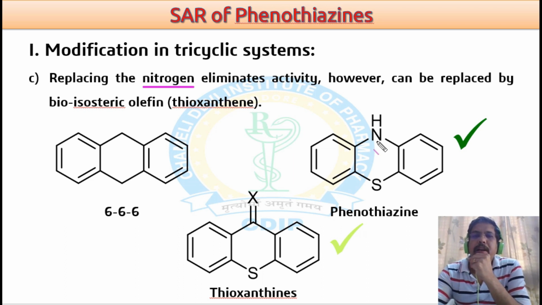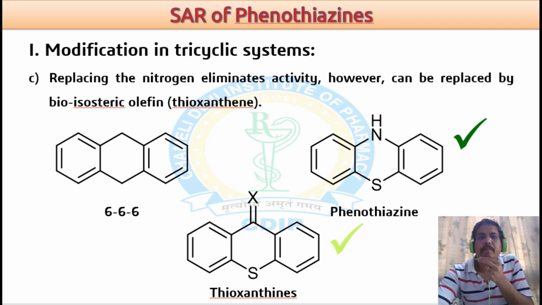But if we replace the nitrogen by bioisosteric olefins, in that condition the resultant compound is thioxanthene. These thioxanthene derivatives are able to retain the activity.